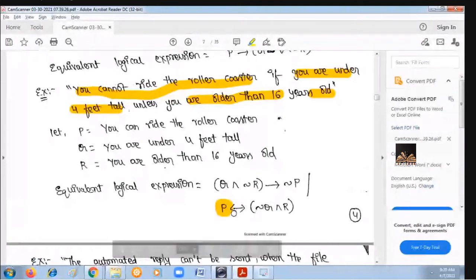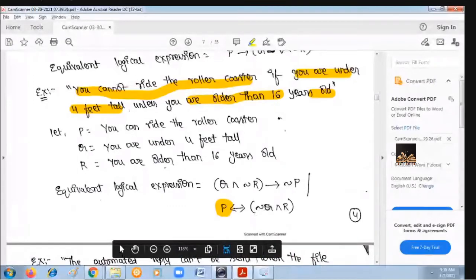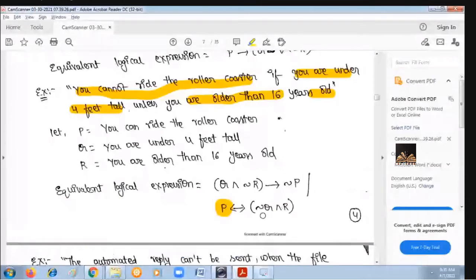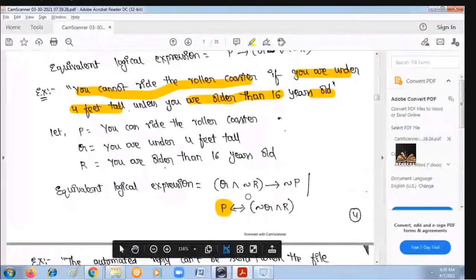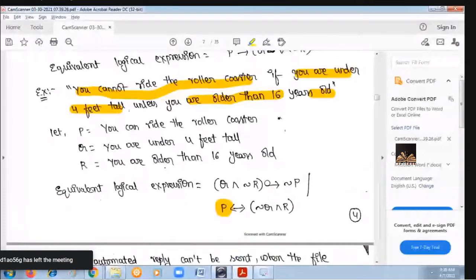If and only if your height is more than 4 feet, more than 4 feet means it is negation Q, and your age is more than 16 years. If these two conditions are satisfied, you can ride the roller coaster. So here you got two expressions for the same statement. Is it clear for everyone?